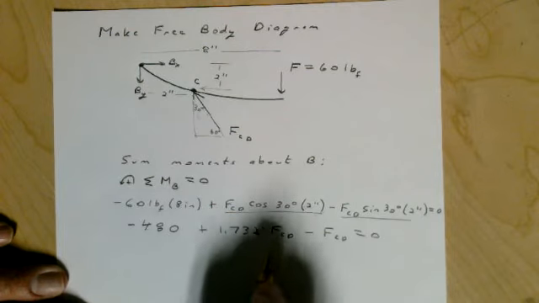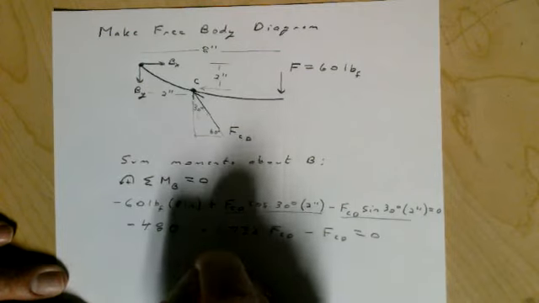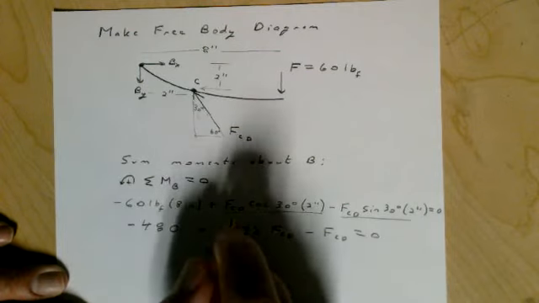So we put all these together, and that's going to be 0.732 FCD equals 480. FCD is 655.74 pounds. So now that we have that, we can find the BX and BY.